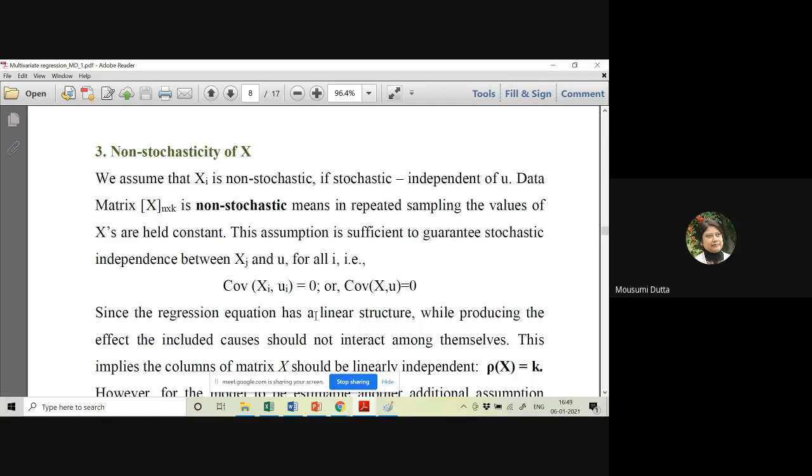Both x and u are on the right-hand side of the model. On the left-hand side, we have y, the explained variable or the study variable, and on the right-hand side, we have x and u, the set of explanatory variables and the error term.